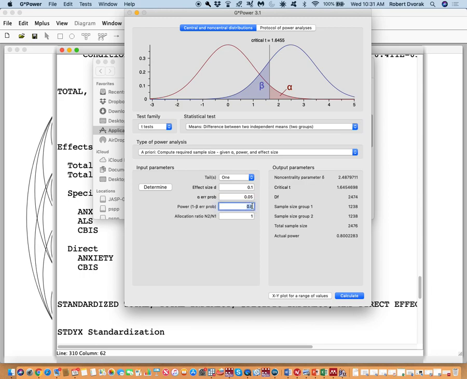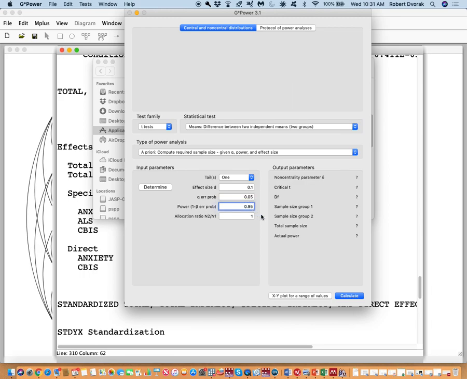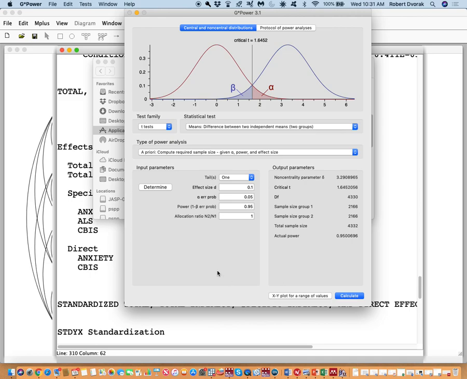If we change this to be equivalent, then it doubles, right? So just going from 0.8 to 0.95 requires twice the amount of people, and this is why we are willing to do a beta of 0.2 rather than 0.05.